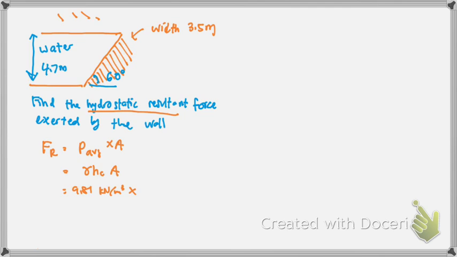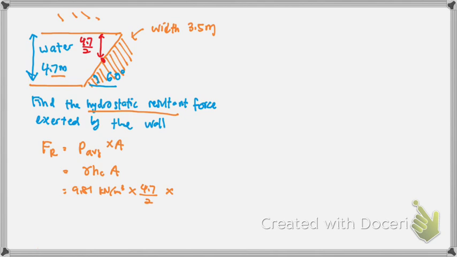How do we find our hc? This is 4.7, and your centroid is somewhere here. So your hc is 4.7 over 2. And then you need to find the A.